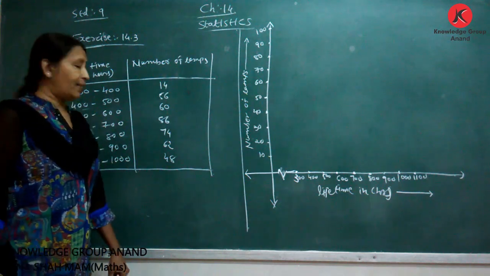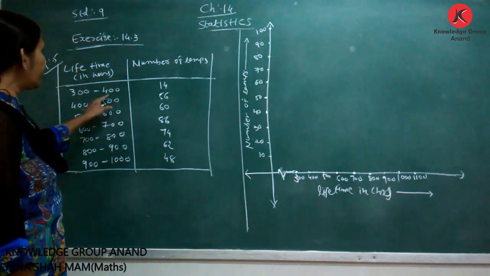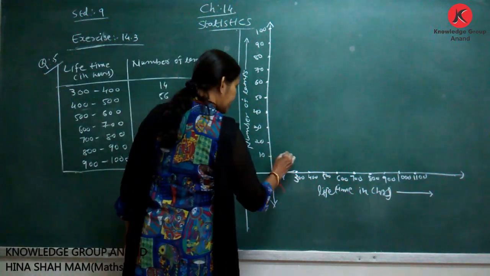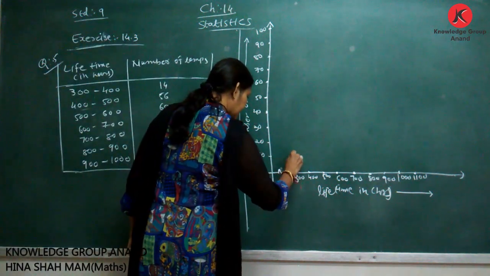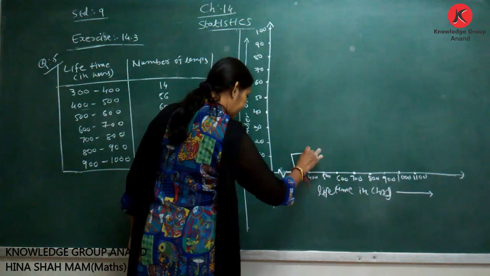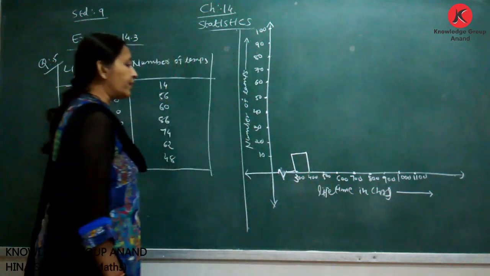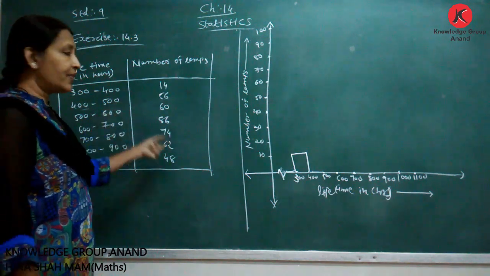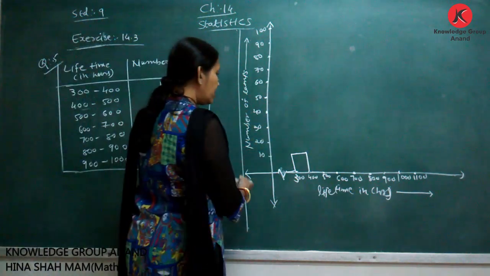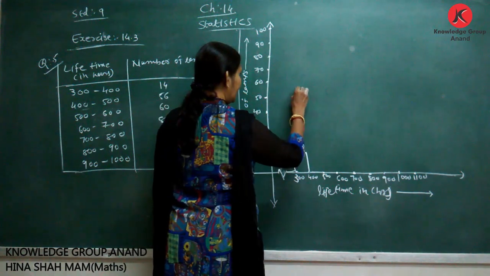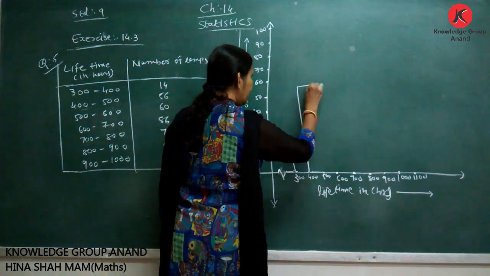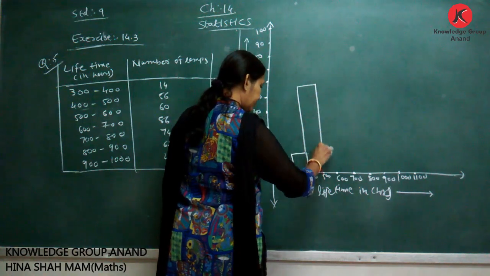Now we draw the histogram. 300 to 400, 40. Here 4 blocks. Then 400 to 500, 56. You draw it yourself in your notebook and tally with my graph.